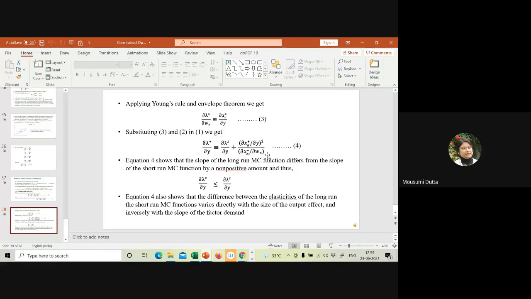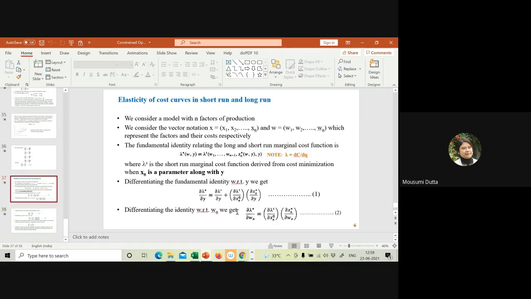Okay, so would you please write down these equations in your copy, because otherwise it may be complicated. So please write down first del lambda star by del y is equal to del lambda s by del y plus del lambda s by del xn into del xn star by del y.